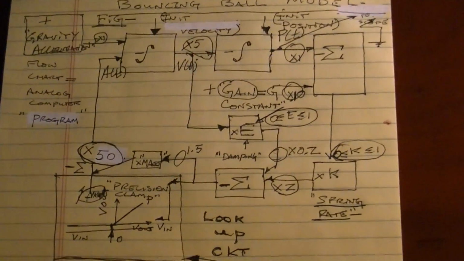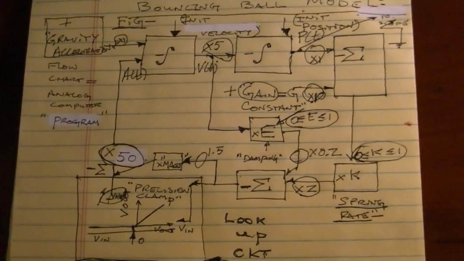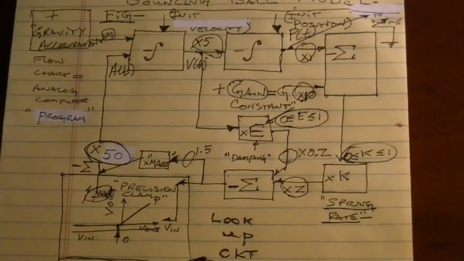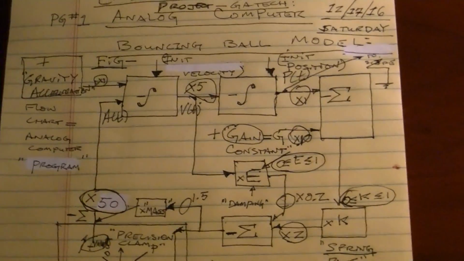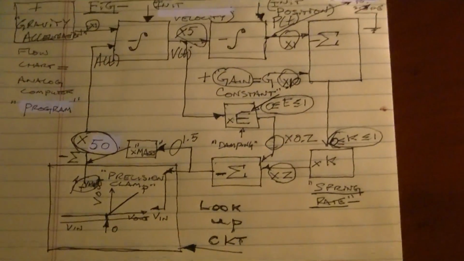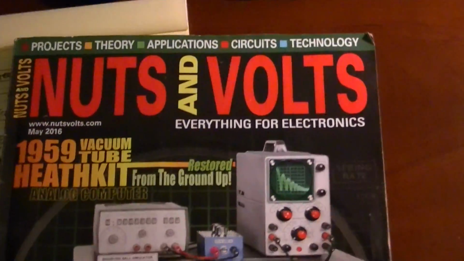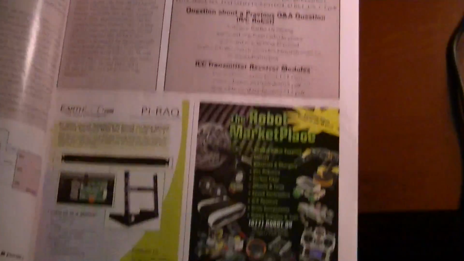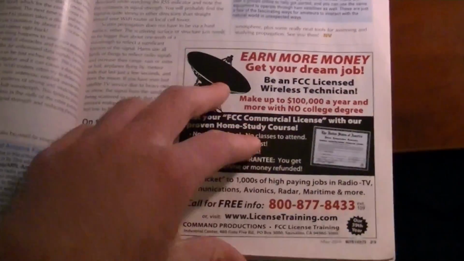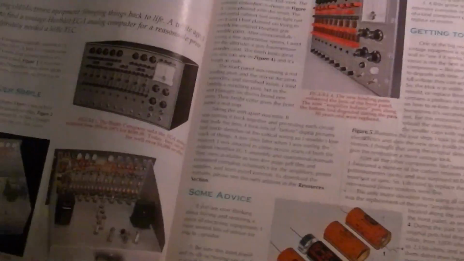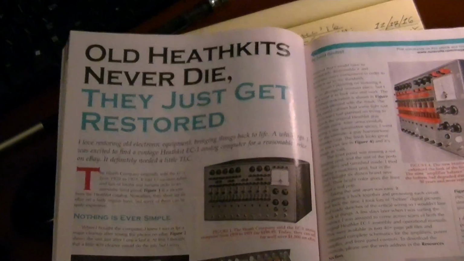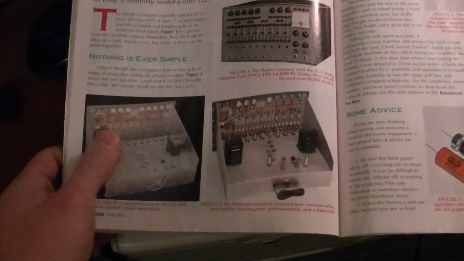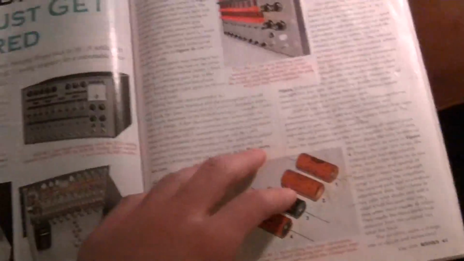Again, this was based on the Heathkit EC1, which was a common educational analog computer back in the day. And actually, the inspiration for this project, again, Nuts and Volts, it's their trademark, I'm just using it to reference here, was this project in the May 2016 article, the restoration of a Heathkit EC1, a brilliant machine.